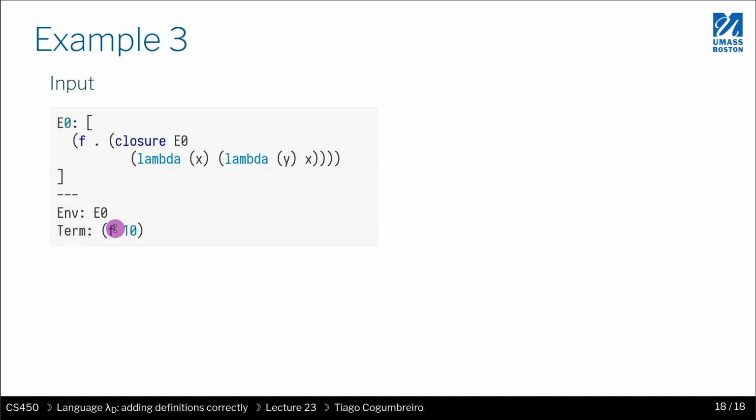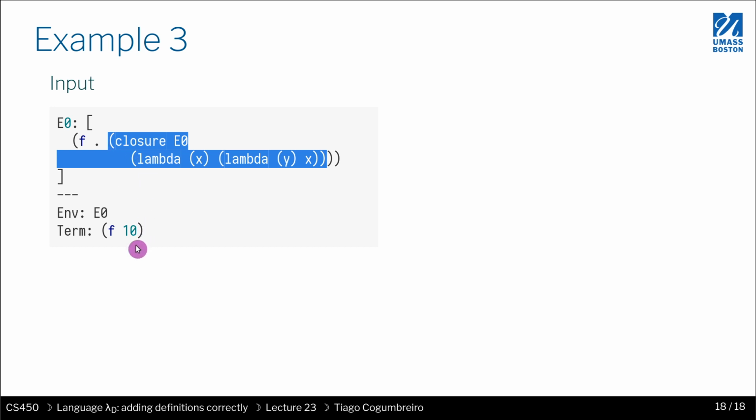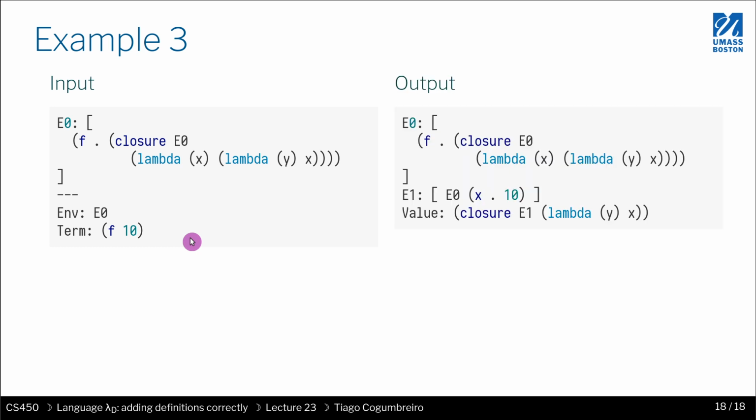So now what we're going to do is I want to call f and pass number 10. So I have to look up variable f in environment E0, and that's going to get me this closure. And then I'm going to instantiate this closure with the number 10. So I'm going to replace this x by 10. So whenever we call a function, what we do is we create a new environment, right?